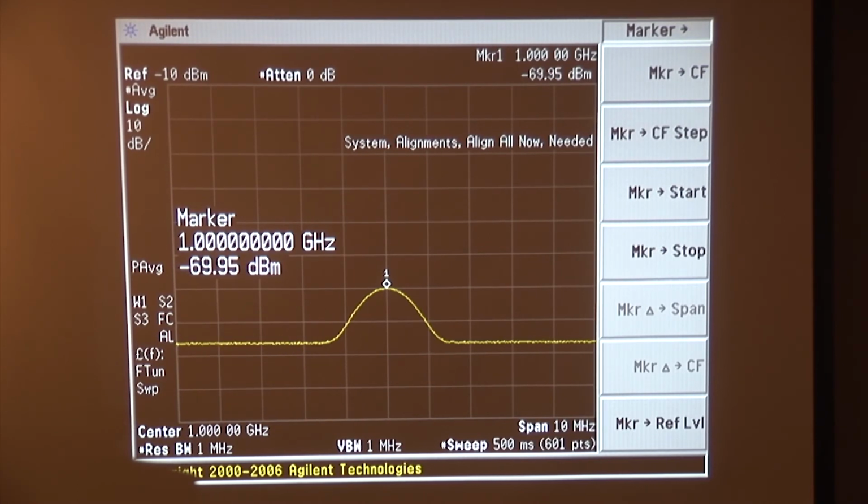Okay, so we've gone from having a signal out that was just equal to the noise level in a spectrum analyzer, and the spectrum analyzer has a 21 dB noise figure, to the same signal level being 16 dB above this background level.